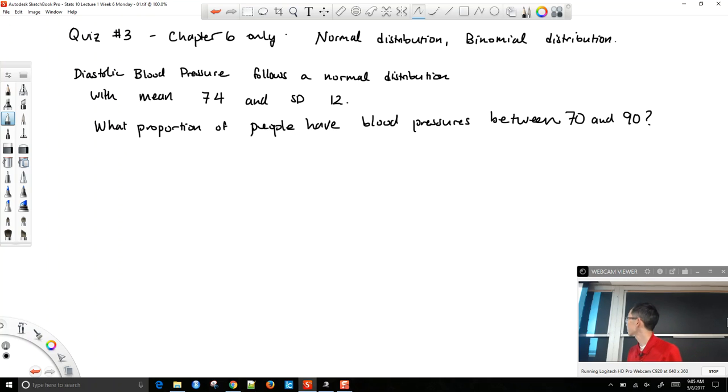So we'll say what proportion of people have blood pressures between 70 and 90.